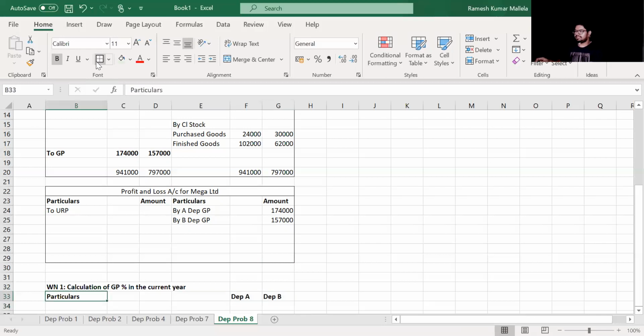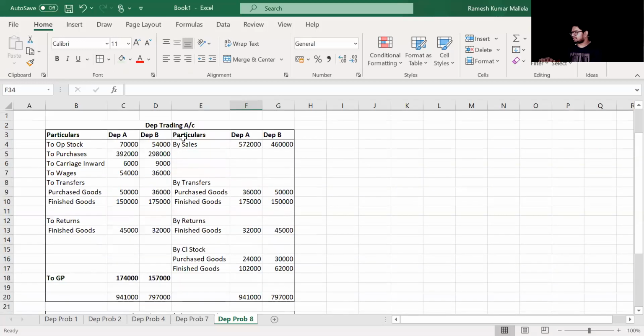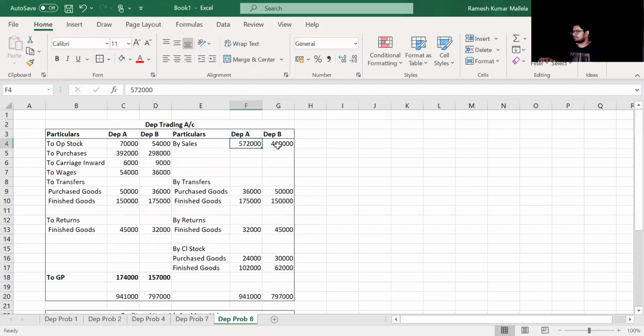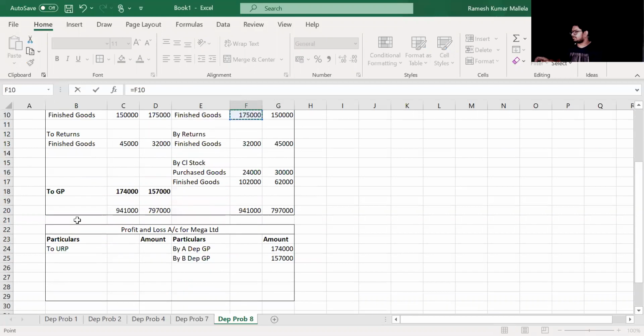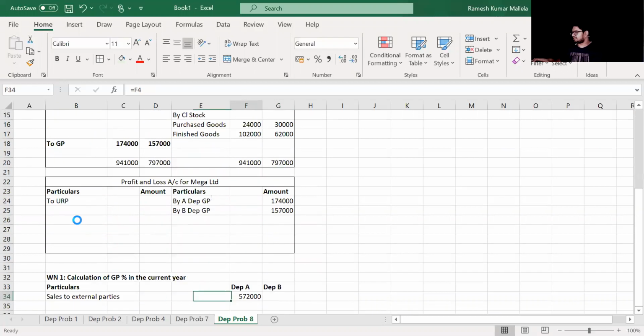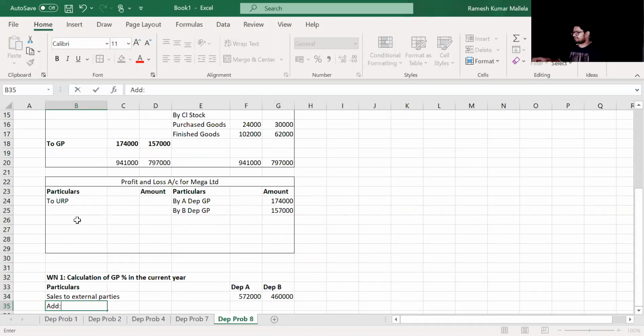Okay. So in this, let us take sales. Sales for department A, if you observe here, 5,72,000 and 4,60,000. Okay. Sales to external parties, this is. And apart from that, add intercompany transfers.